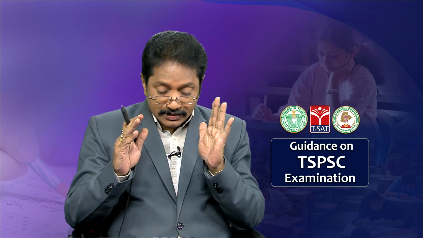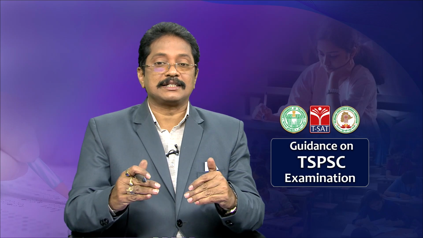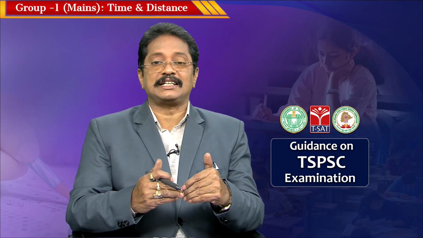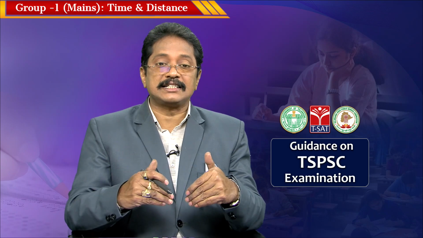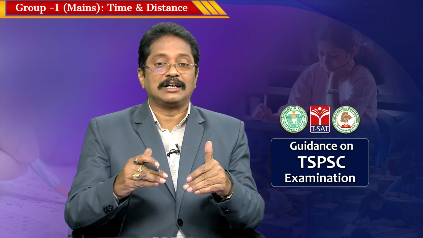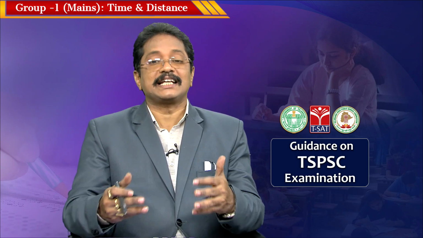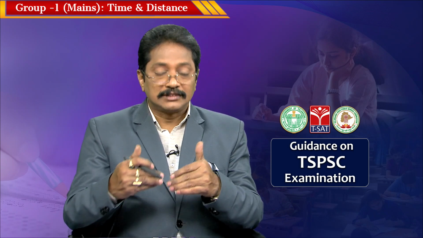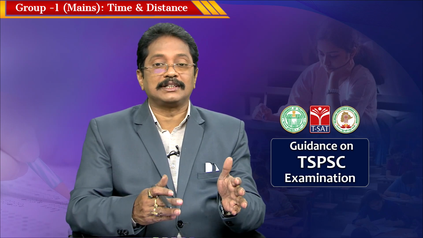So, compare the time taken by him before and after doubling his speed. 30 kilometers is the distance and his speed is x initially, so 30 by x is the time taken to cover it, but when he doubles his speed, 30 by 2x is the time taken to cover that distance.